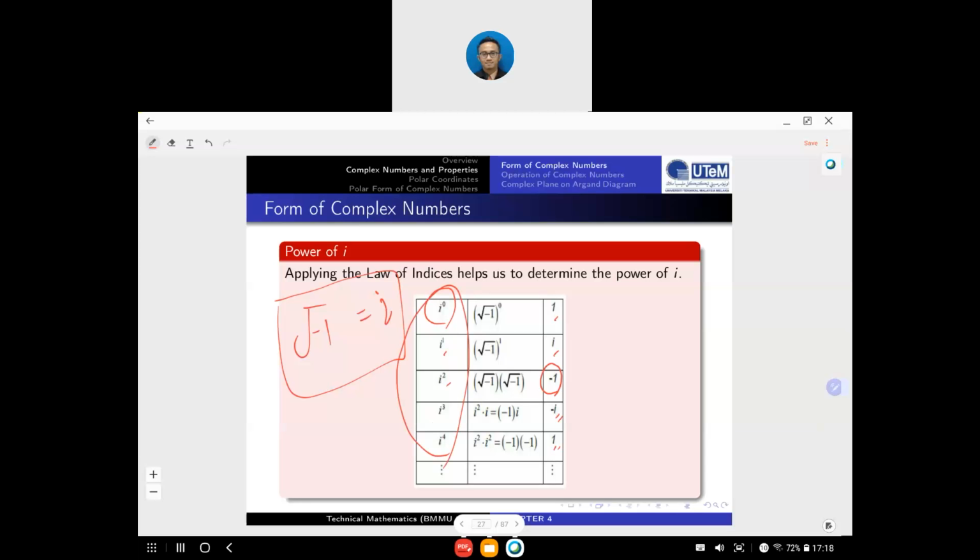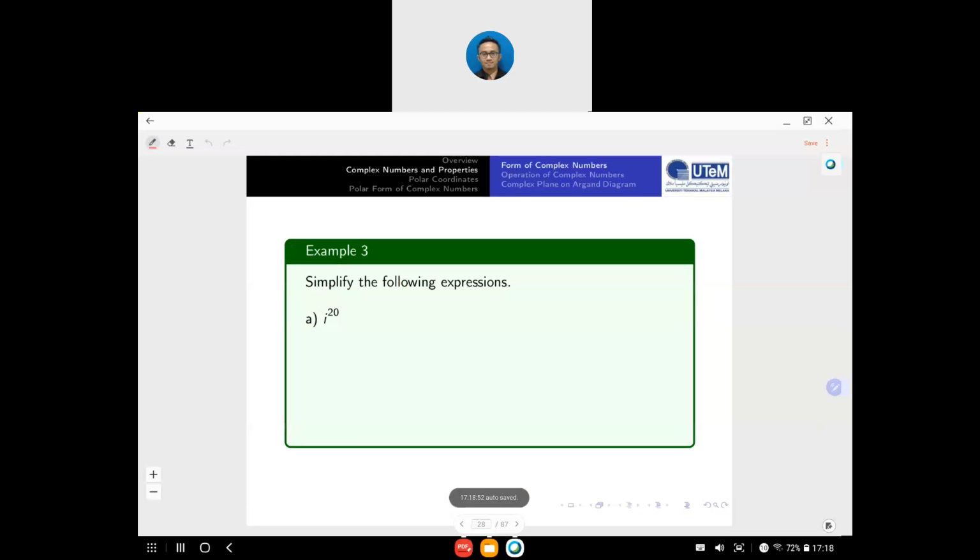For example, state the real and imaginary part of the following complex numbers. A, negative 1 plus i: the real part is negative 1 and the imaginary part is 1. It is stated from the i here. B, 4 minus 7i: 4 is the real part and negative 7 is the imaginary part.